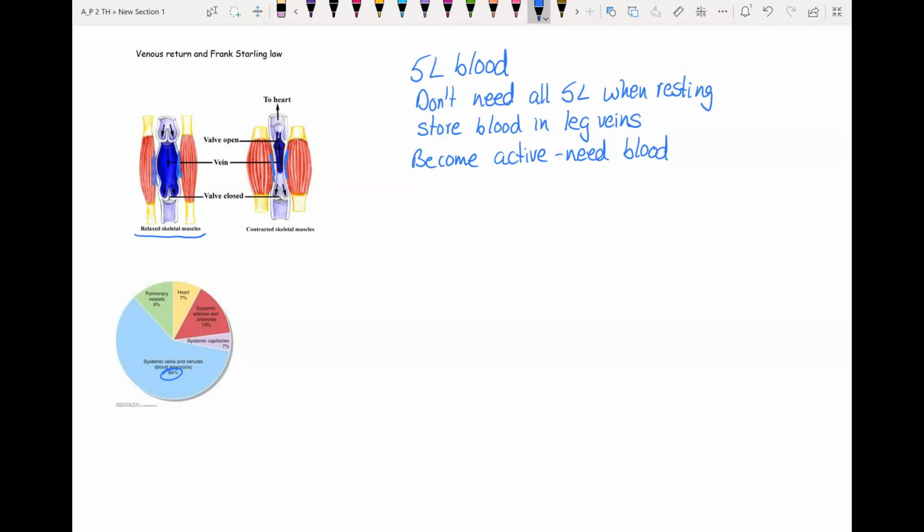They make the vein narrow. So again, kind of think of a tube of toothpaste. You've got all this blood in your leg veins. When you become active, your muscles squeeze those veins in your legs, and that forces that blood back up to the heart.